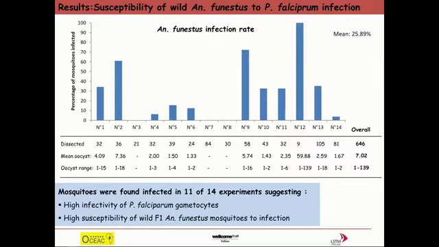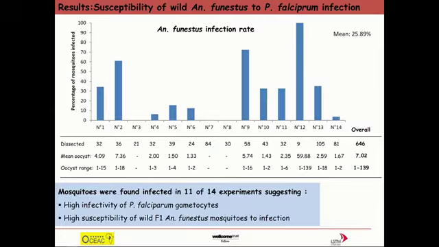Concerning the infection rate, we can see that in 11 out of 14 experiments, we got at least 1 infected mosquito. And in 1 experiment, we obtained 100% infection.